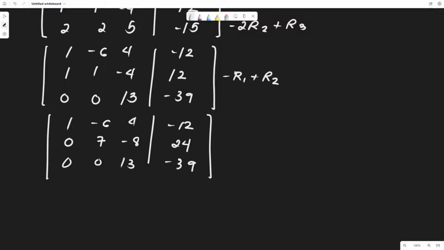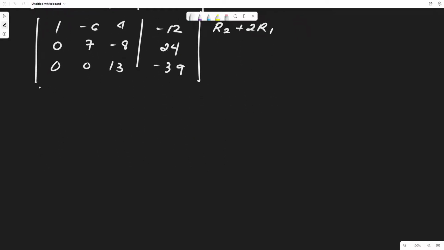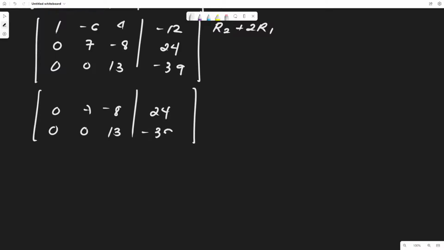Next sa ating upper triangular. So, for this, R2 plus 2R1. So, negative 8 plus 8. So, we have here 0, 7, negative 8, 24, 0, 0, 13, negative 39. Then, we have 2.